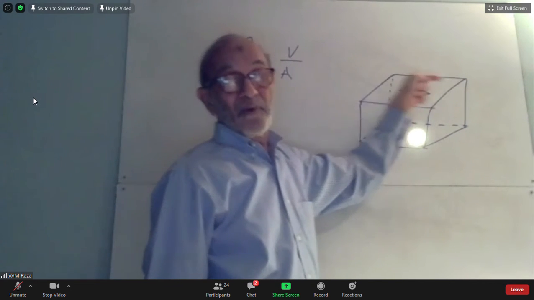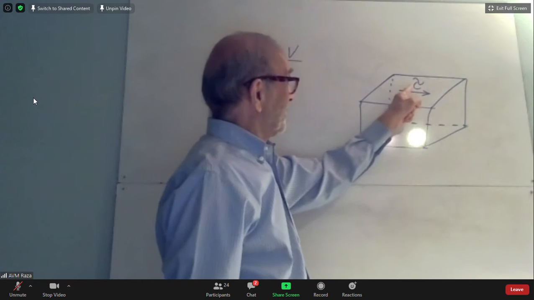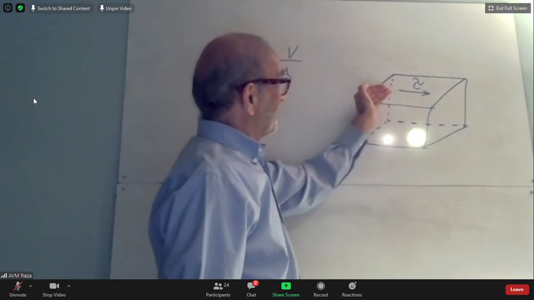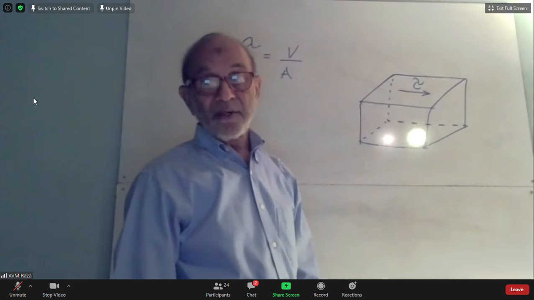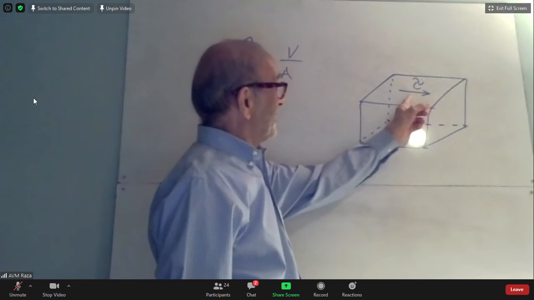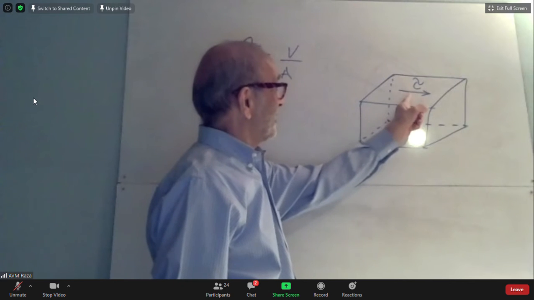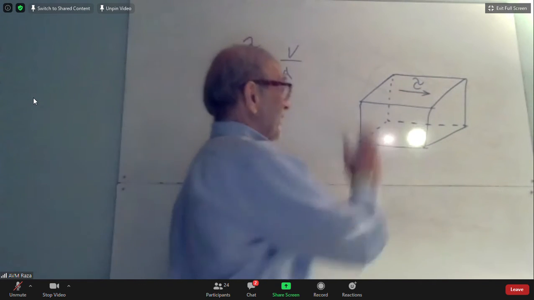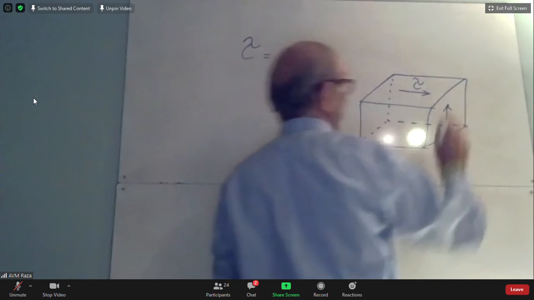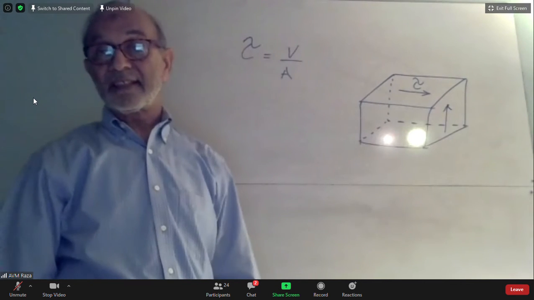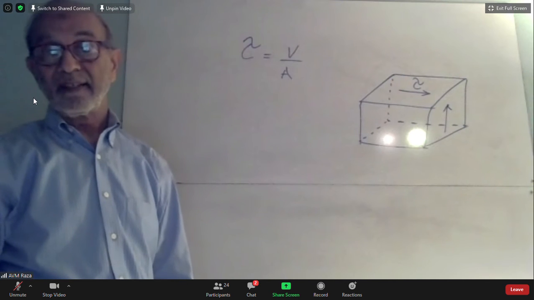And if there is a force in this direction which is causing this stress, then this block will have a tendency to move in the direction of force. So therefore, to balance that, if you have a shear stress on one face, there has to be a shear stress on this face in this direction so that it balances that shear. You see what I'm saying?